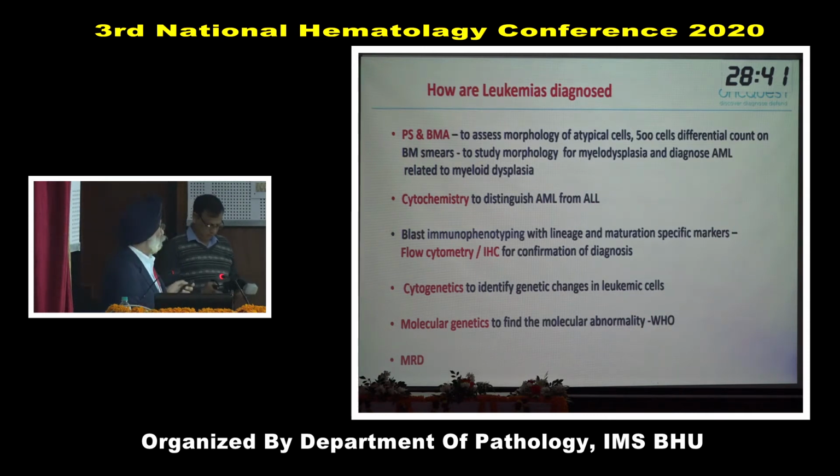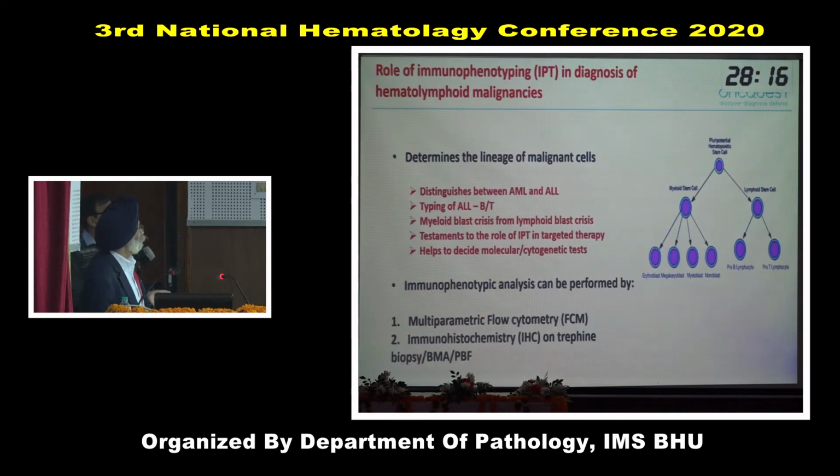One is flow, and the second is immunohistochemistry. Flow all of you may not be doing, but the majority of the centers in this country are now doing immunohistochemistry. Then cytogenetics and molecular to find the molecular abnormality. And lastly, minimal residual disease. That is how we nowadays proceed with any case of acute leukemia.